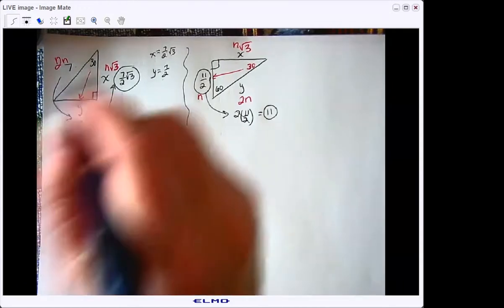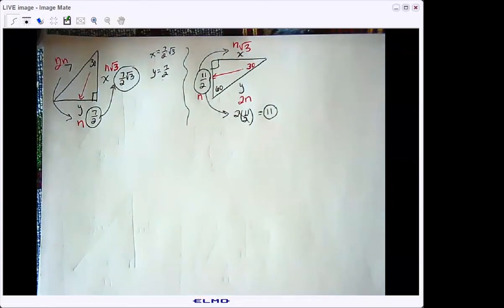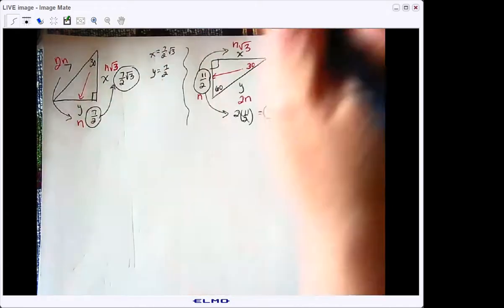So now we can come back up here and use that n to find the long leg. So what would the long leg look like? 11 over 2 root 3. Perfect.